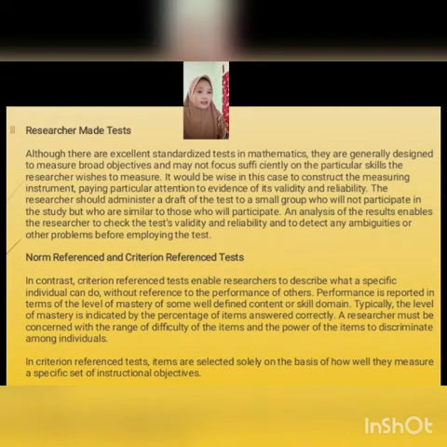Researcher-made tests. Although there are excellent standardized tests in mathematics, they are generally designed to measure broad objectives and may not focus sufficiently on the particular skill the researcher wishes to measure. It would be wise in this case to construct the measuring instrument, paying particular attention to evidence of its validity and reliability.